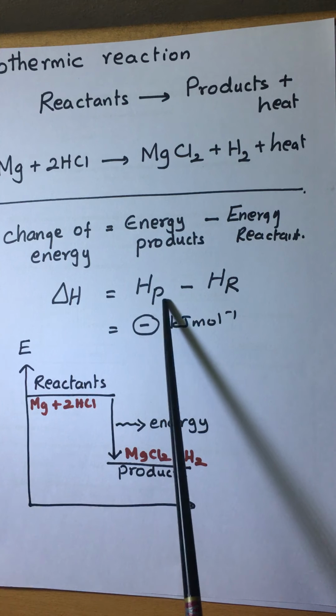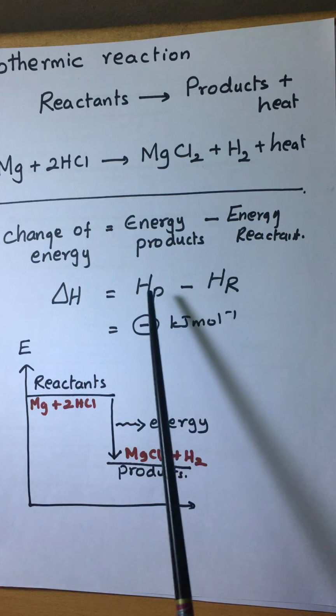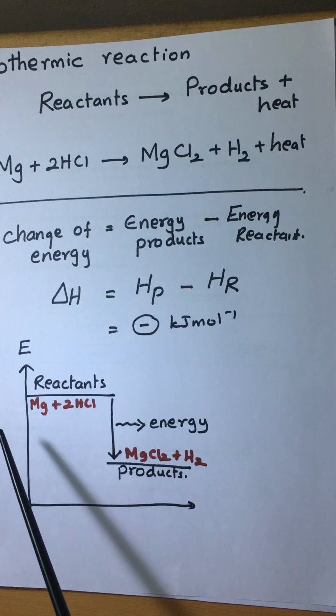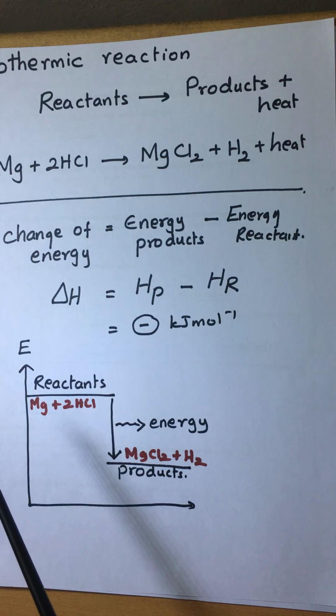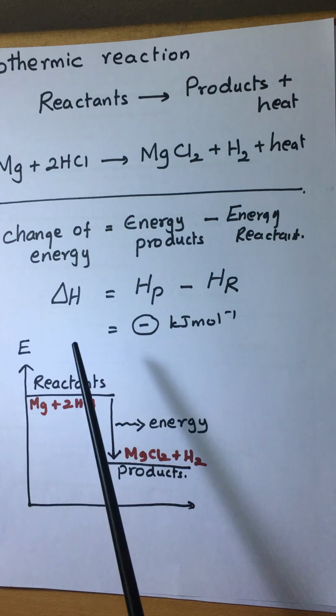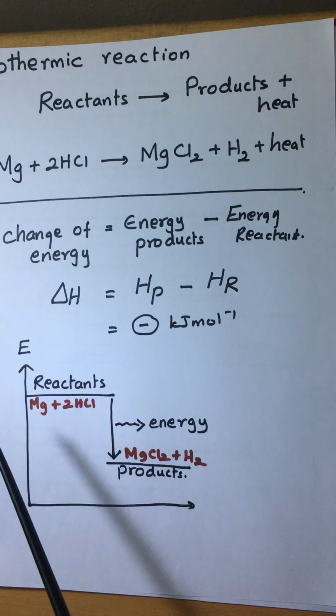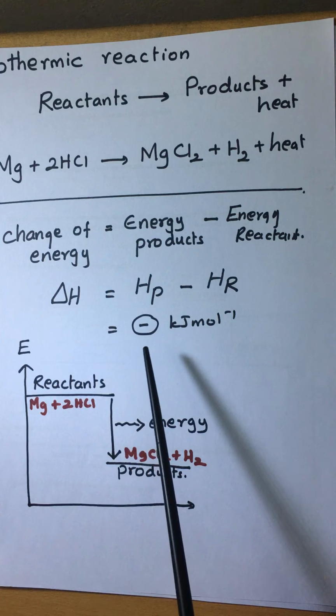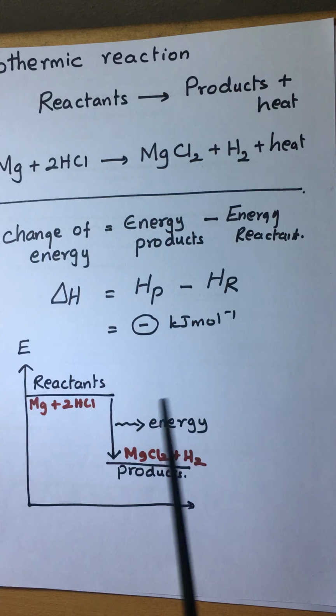So this is the less value, and this is the more value. When you subtract, you will get the answer as a minus value. So in exothermic reactions, delta H is always minus. Minus means the heat is released from the system, that is, the energy of the system decreases. So the energy is released from the system.